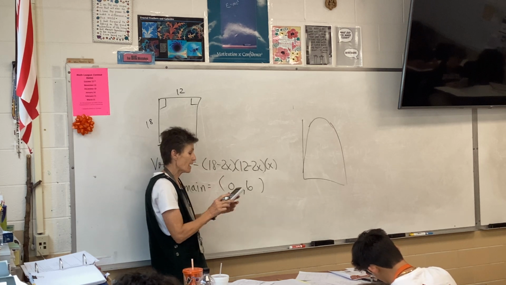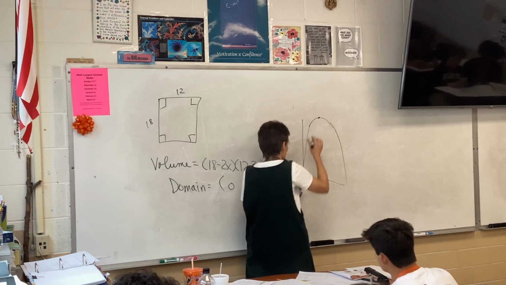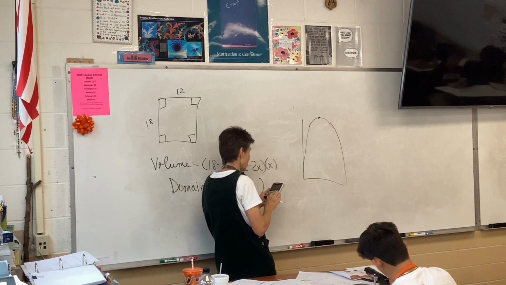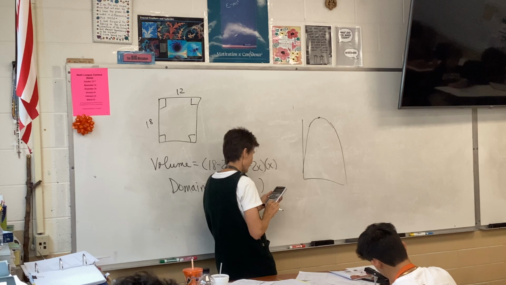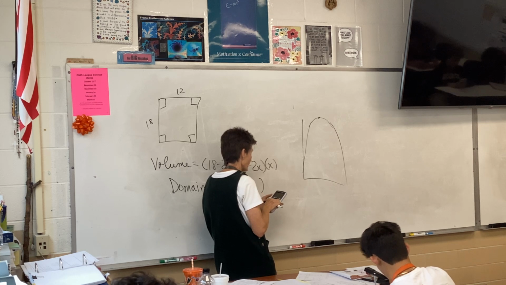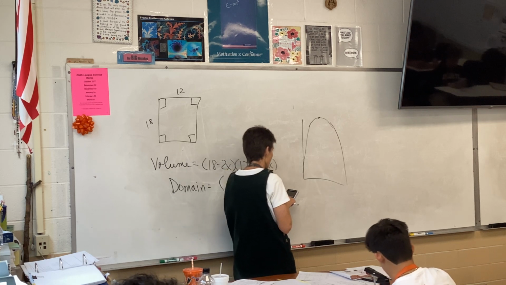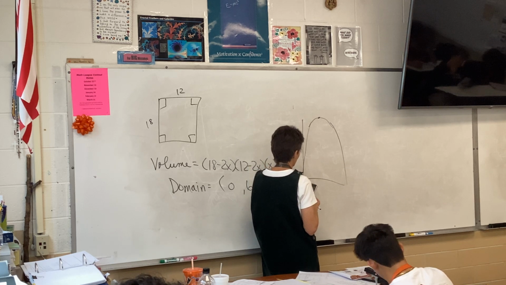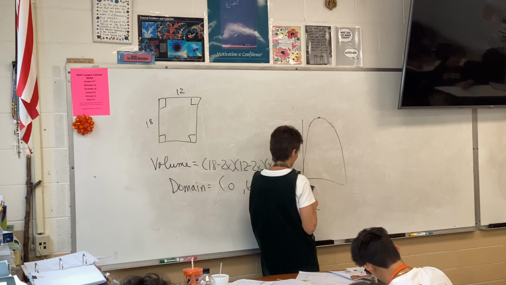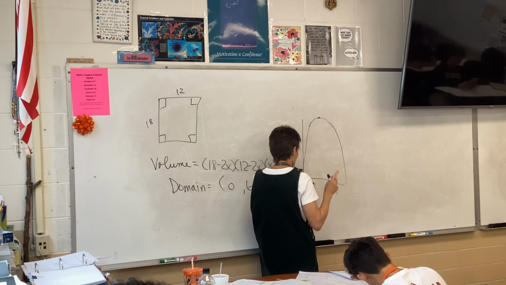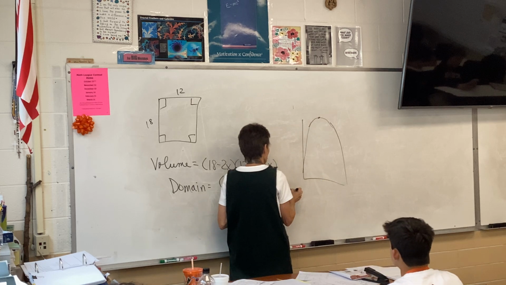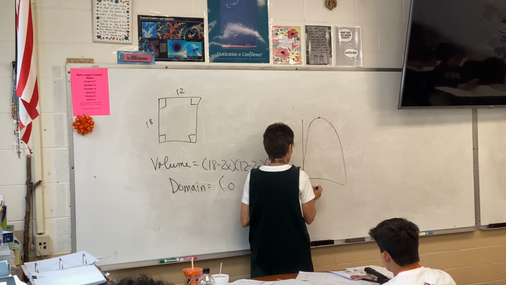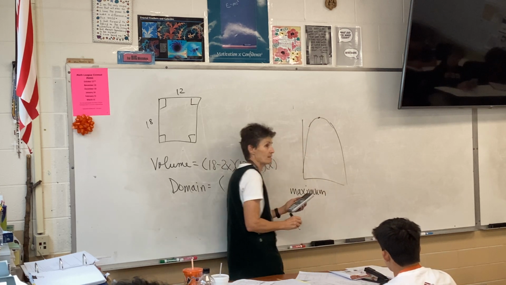You just want to see the top of the hill, and then you're going to second calc max, left bound, right bound. And you are not done until your calculator literally says maximum.